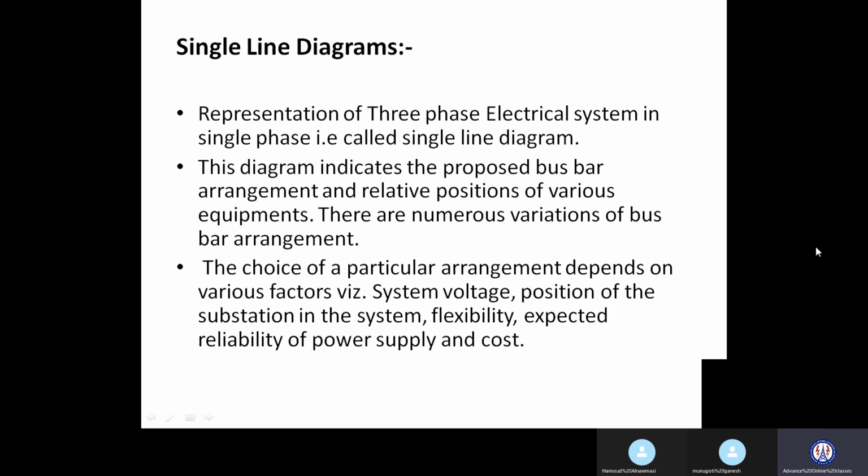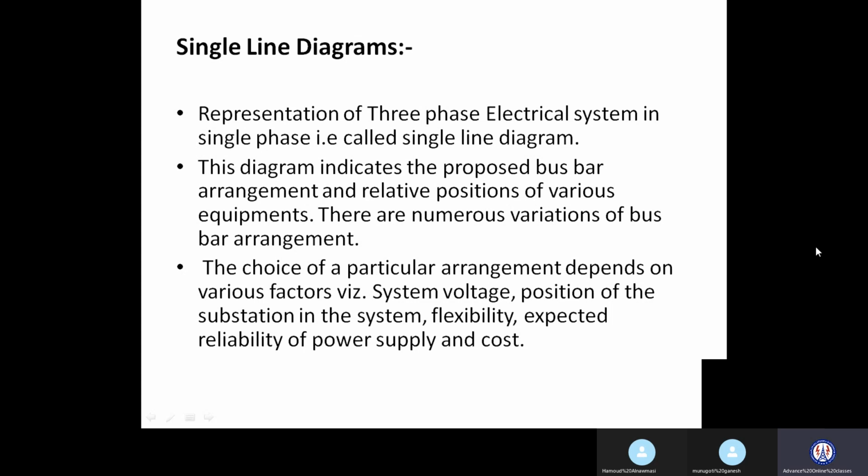I think you know what a single line diagram is. First let us understand why this diagram is called a single line diagram. Our electrical system is a multi-wire, multi-phase system, with many wires for one feeder.